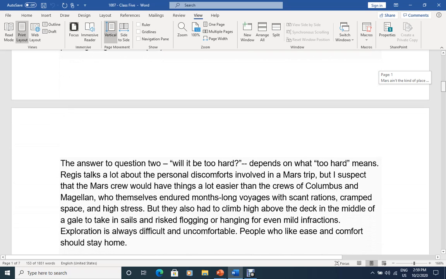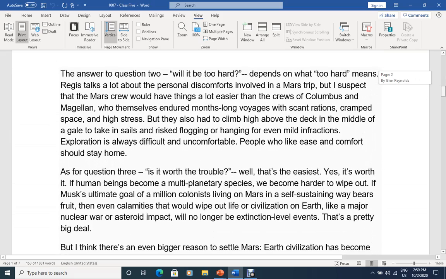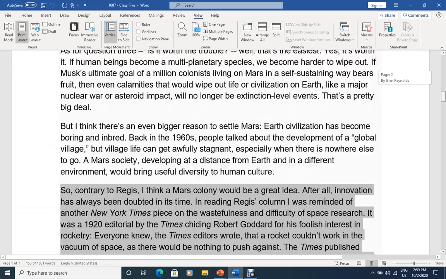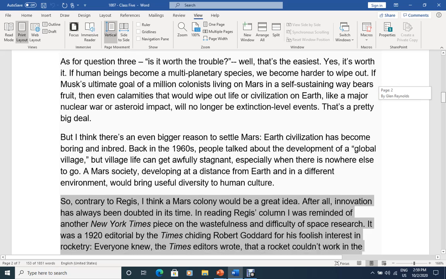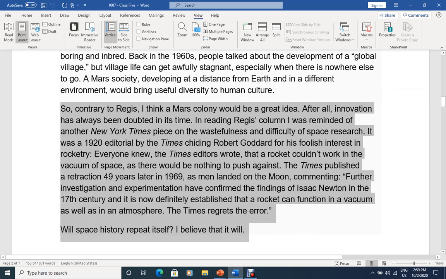Then we have one big paragraph where he talks about the specific challenges of going to Mars, and he addresses those. Then we have a big section where he's looking at benefits, and we have a few paragraphs there, one for each benefit. And then finally, he returns to the counter-argument so that he can talk specifically about why Regis is short-sighted and why he's not being adventurous.